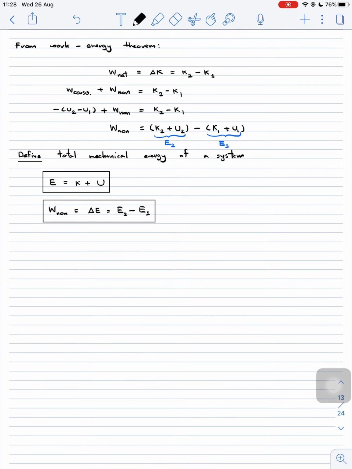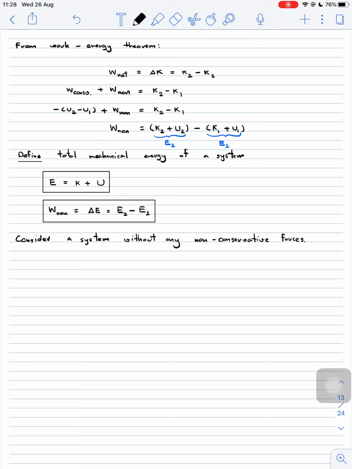So now let's consider a system without any non-conservative forces.